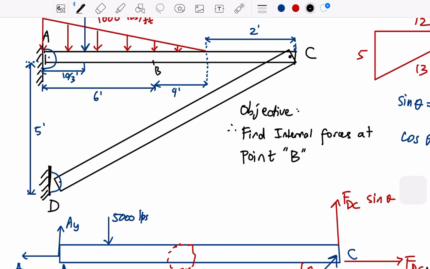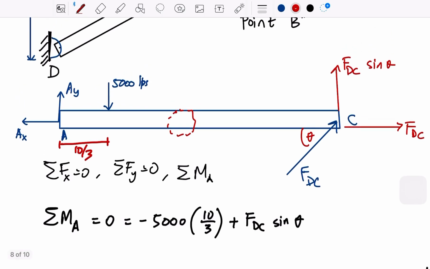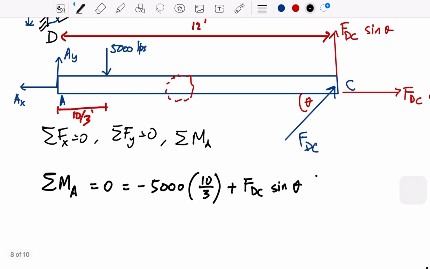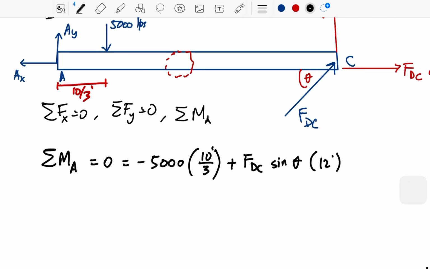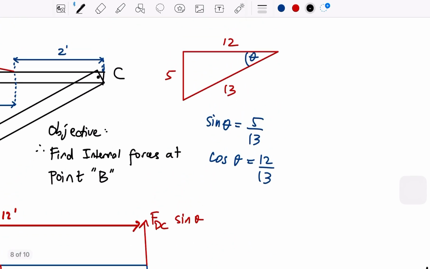The length from C to A is 10 and 2, 12. So this is 10/3, and then from A to C, this is 12. So we are going to multiply by 12. So this will be FDC sine theta. Sine theta we got from the triangle here.